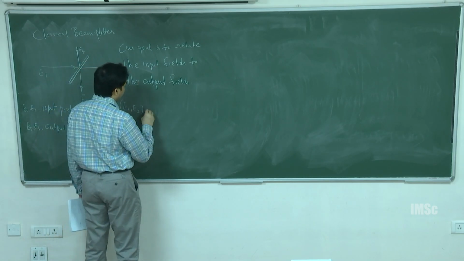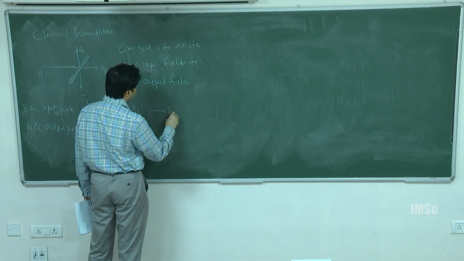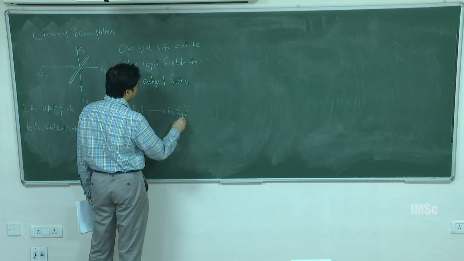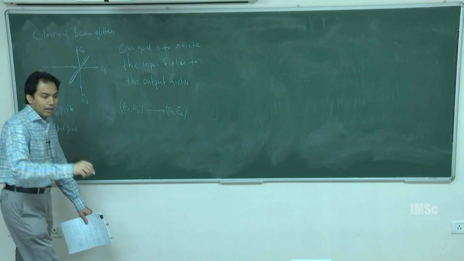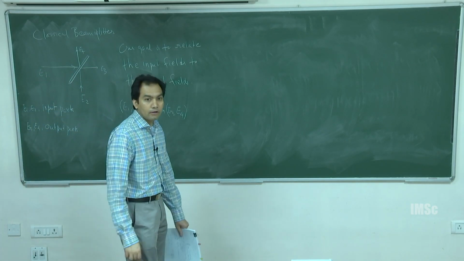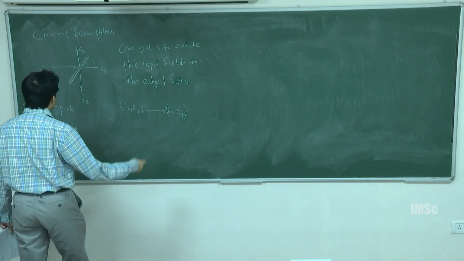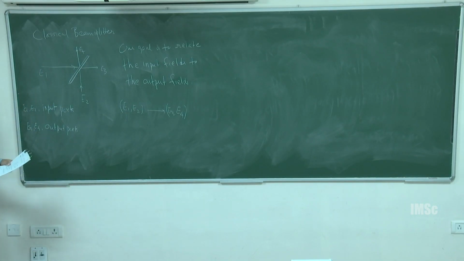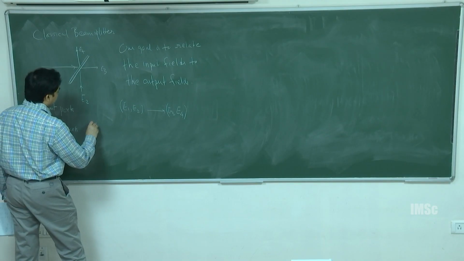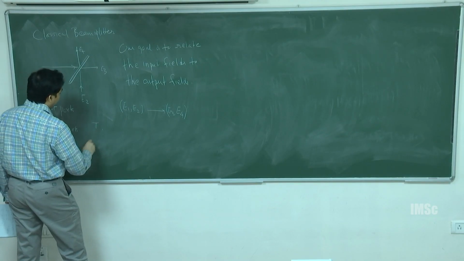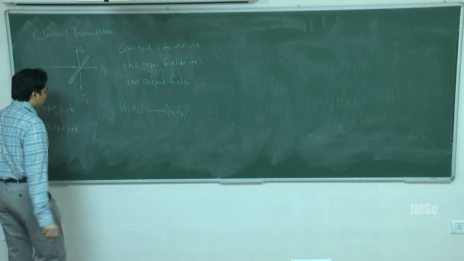How are E1, E2 related to E3, E4? In other words, can we express E3 and E4, the outgoing fields, in terms of E1 and E2? Let us assume that the beam splitter has a transmission coefficient T and reflection coefficient R.